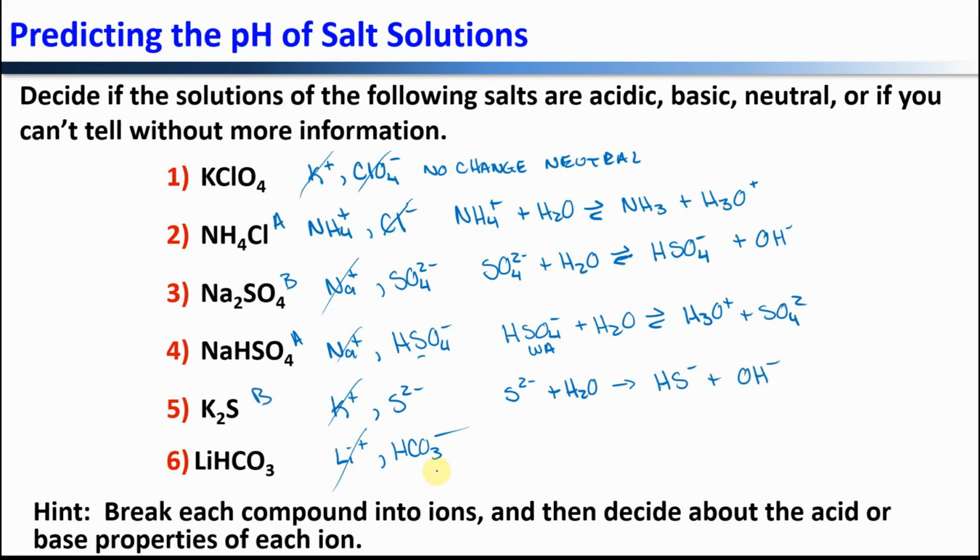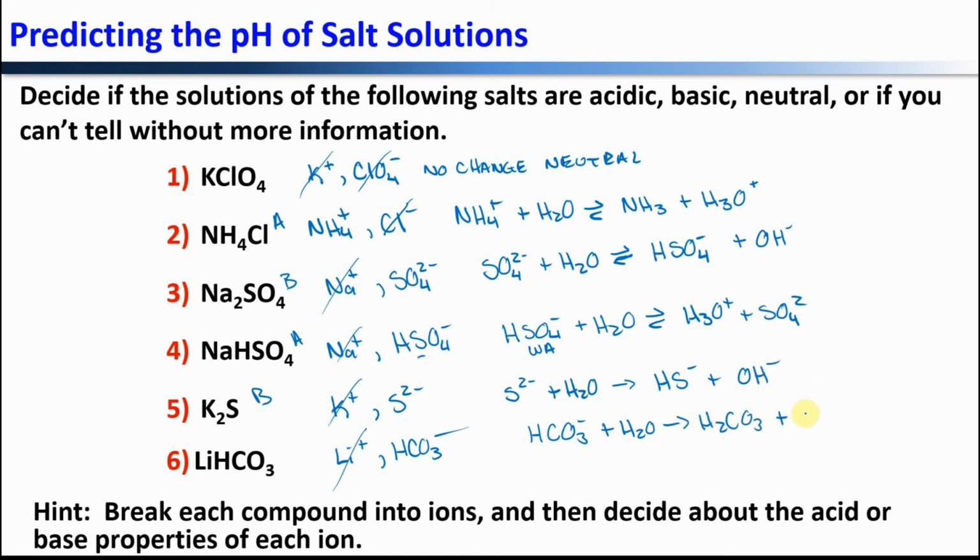HCO3 minus. Ooh, this one is amphoteric because I can give up that hydrogen or I can take it. It's HCO3, not HClO4, so it can be either. I can go HCO3 minus plus water going to H2CO3 plus OH minus.